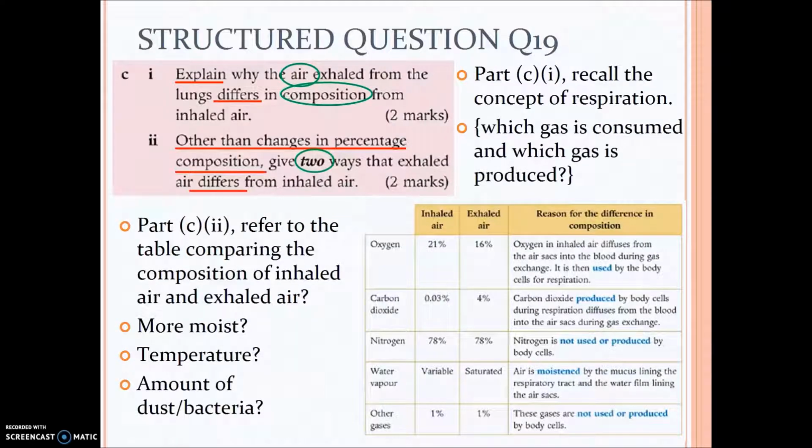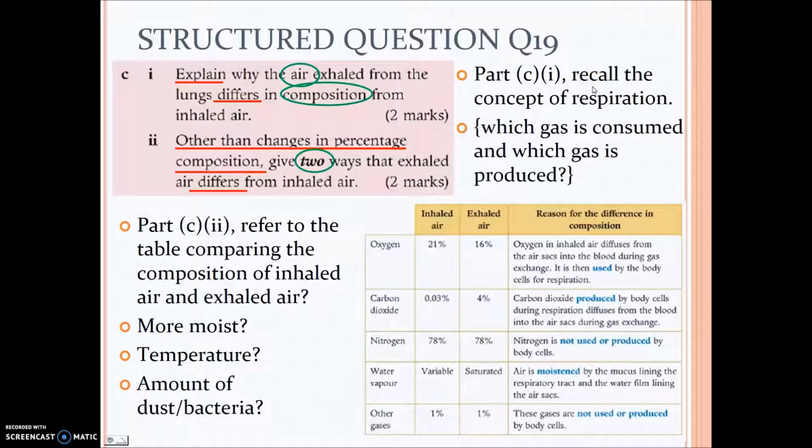And then for part C, this part is quite easy because you need to explain why the air exhaled from the lungs differs in composition from inhaled air. The question did not mention the difference, so you are the one to mention the difference and then explain it.